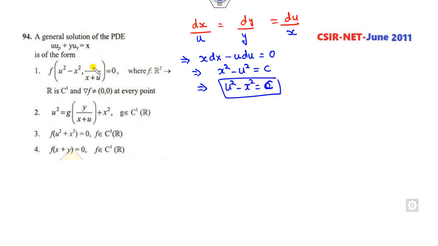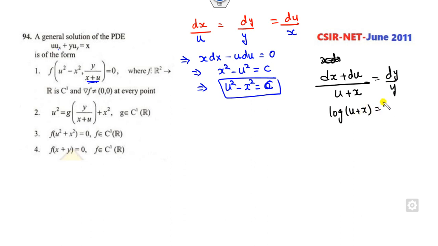Fine. Second, you need x plus u. How can you make the x plus u? I can write x plus u as dx plus du. What is the answer for x plus u? It is u plus x. So I can equate them with respect to y. This is log of u plus x equals log of y plus c, or c I can write as u plus x over y.